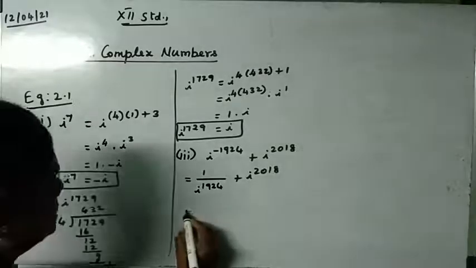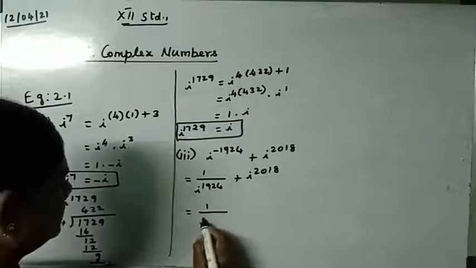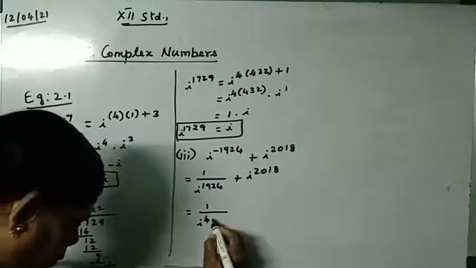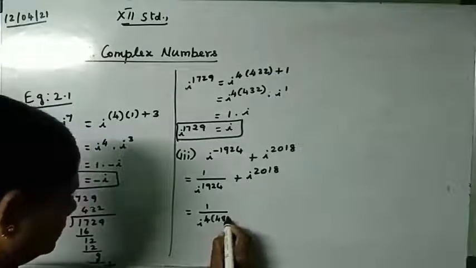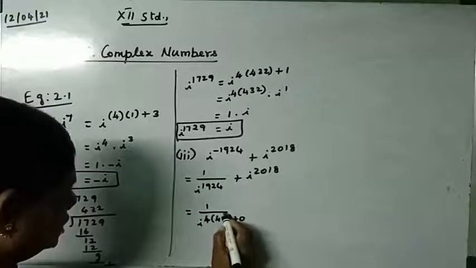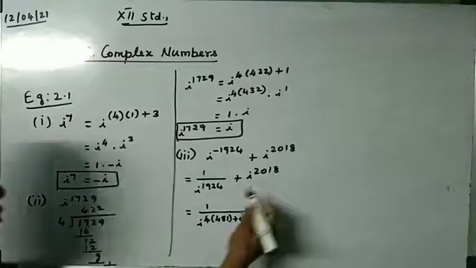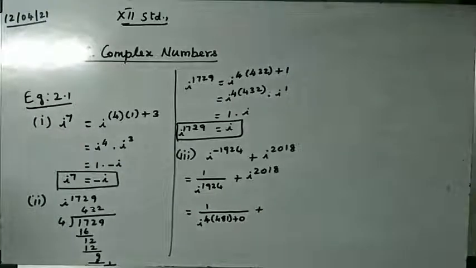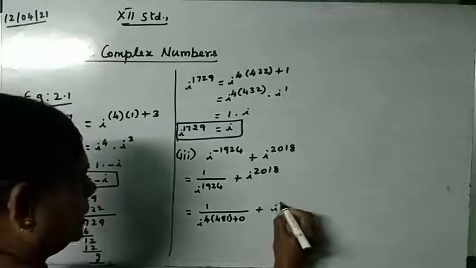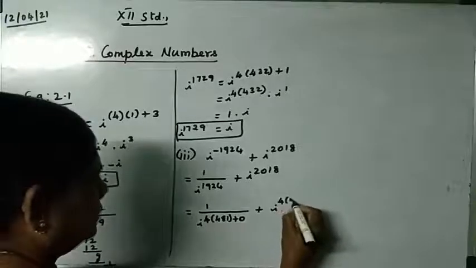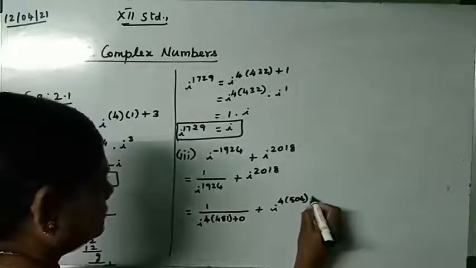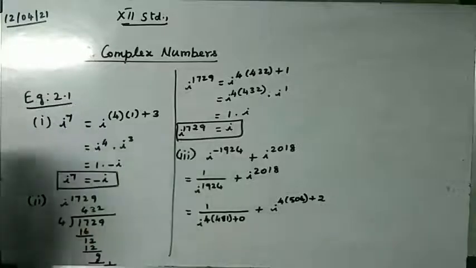remainder. So which is equal to 1 by i power 4 into 481 plus 0, 0 is the remainder. Plus 2018, when divided by 4, quotient 504, remainder 2. So i power 4 into 504 plus 2, remainder 2.